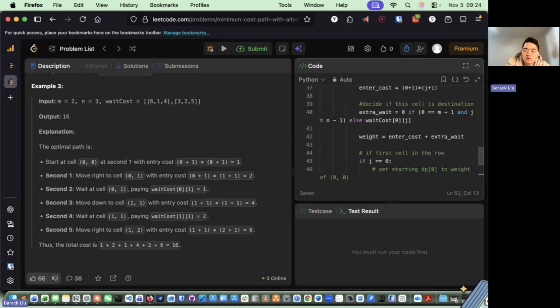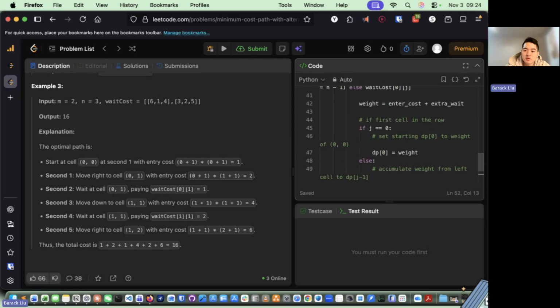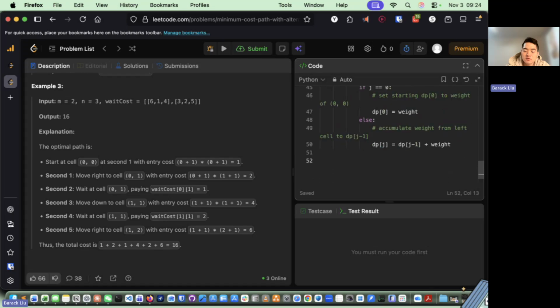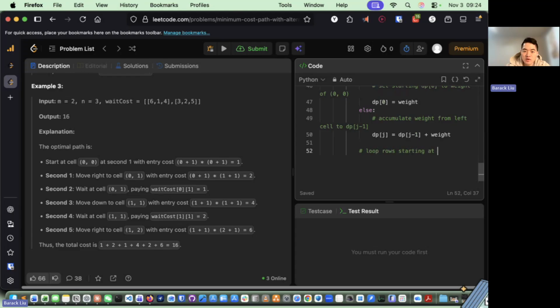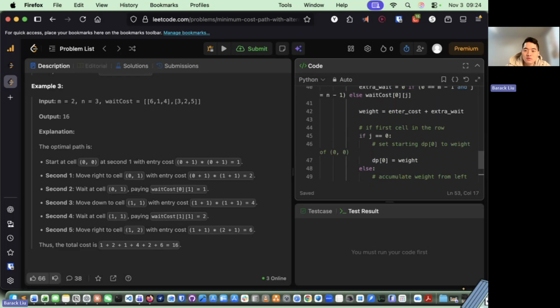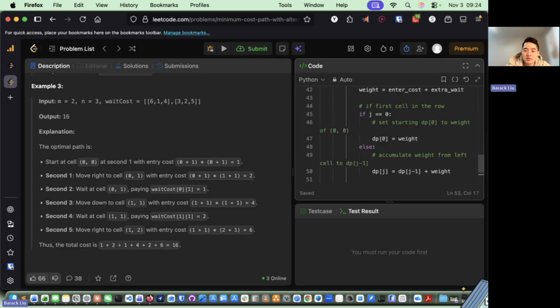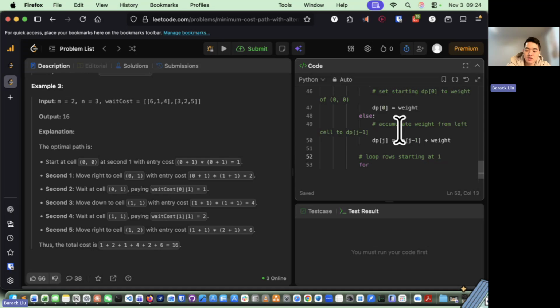And then we go through the first row, and then let's go through the other rows. So let's loop rows starting at 1, right? We always pay attention to the index.